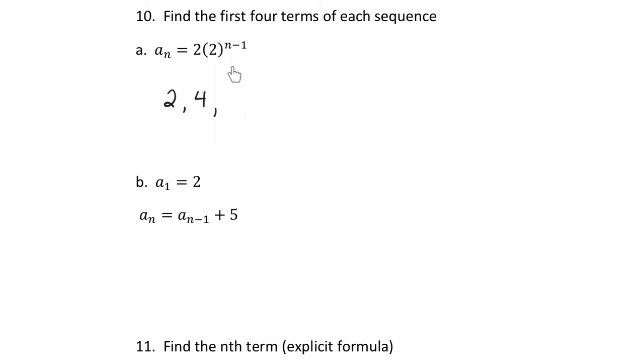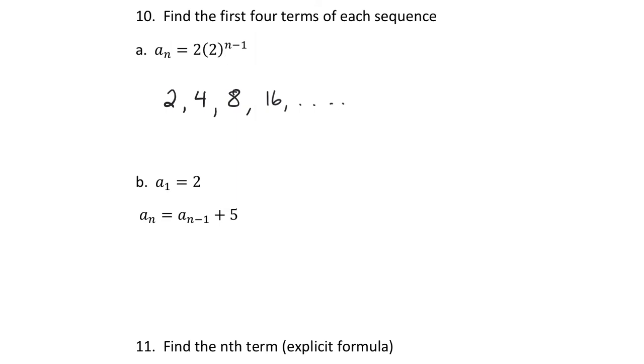For the third term, n equals 3, 3 minus 1 is 2, 2 squared is 4, 4 times 2 is 8. And for the fourth term, 4 subtract 1 is 3, 2 to the third power is 8, 8 times 2 is 16. That's how you find the terms with an explicit formula.